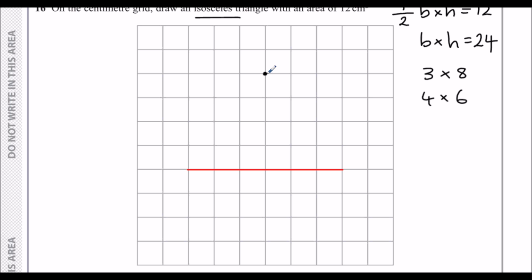If it's 4 tall, the middle of our base will be the peak, the apex. There's one length, there's the other. So I've got a base of 6, a height of 4, so the area is 12 centimetres squared.